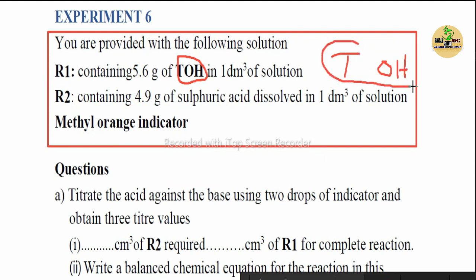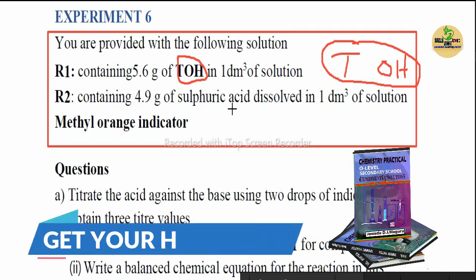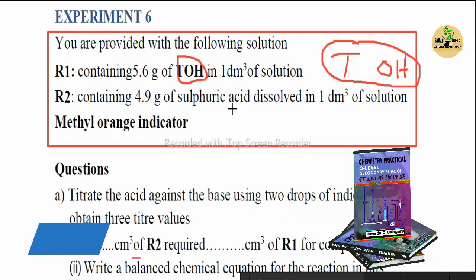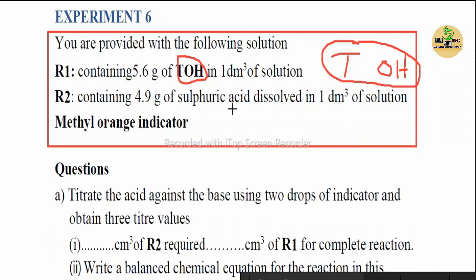So what is the element T that gives the compound hydroxide? That is the main concept of the equations. From experiment 1 up to now, we deal with identification or determination of the atomic mass of an element. That is our objective.